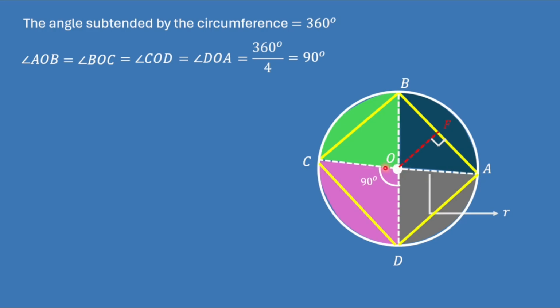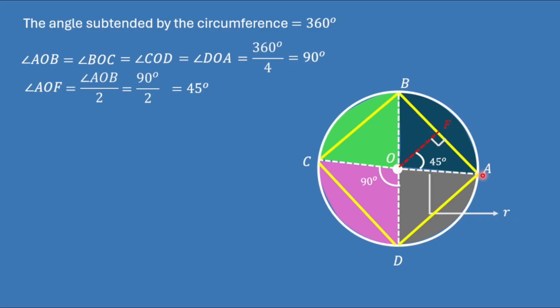Since this is half, I can write angle AOF is half of angle AOB, and putting the value of angle AOB, I can write this as 90 degrees divided by 2, which is equal to 45 degrees. So angle AOF is equal to 45 degrees.